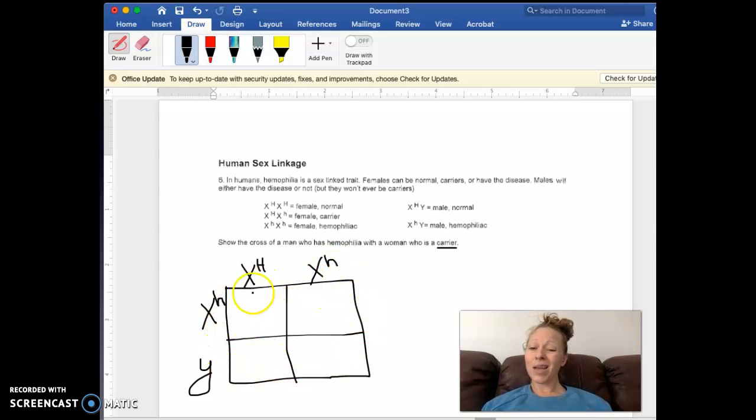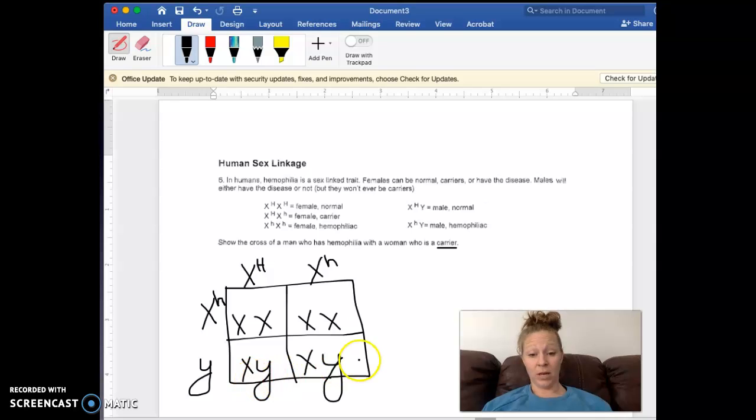So let's say, what are the chances that they have a daughter with hemophilia? And what are the chances they have a son with hemophilia? Let's do this cross. So we know that that's an X and an X. That's an X and an X. And here you can see why 50% of the population are males and 50% are females, because 50% here are XY, and 50% are XX.